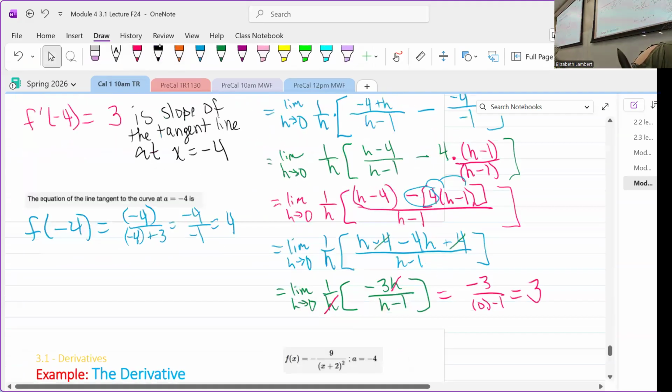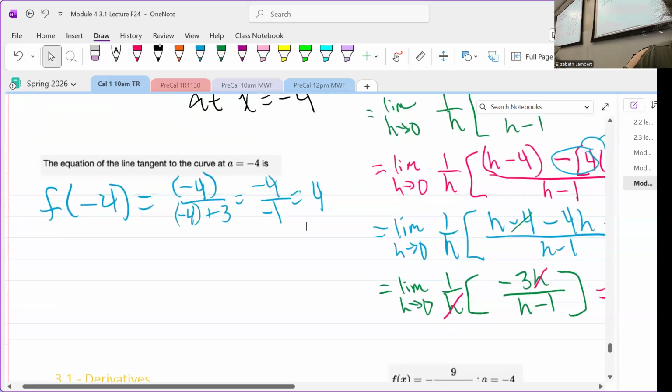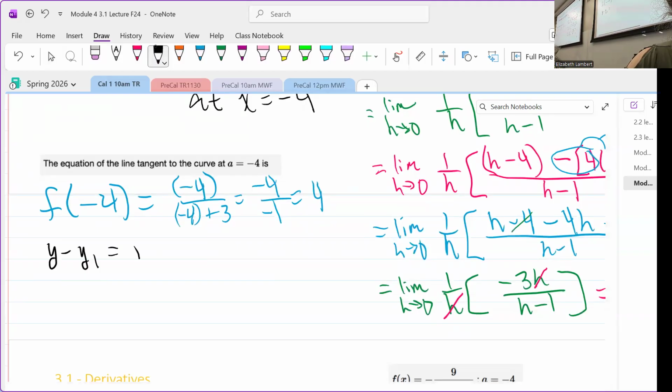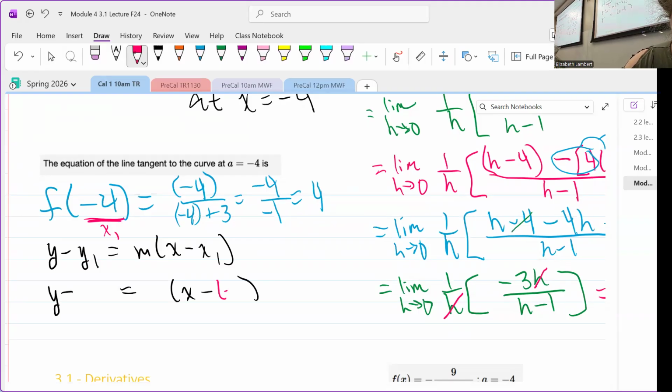So the formula for getting the equation of a line, I go with this one. That's just my habit. So our x value is -4, our x1.